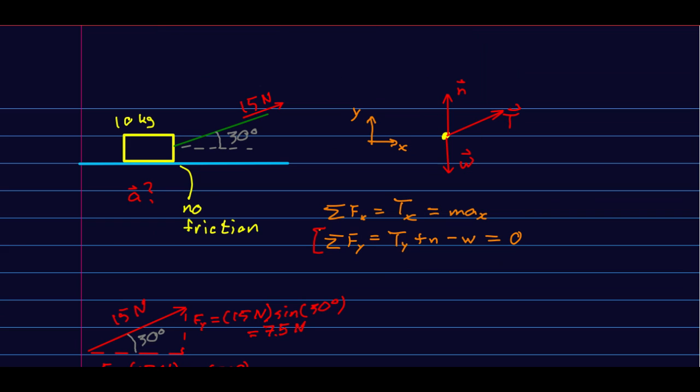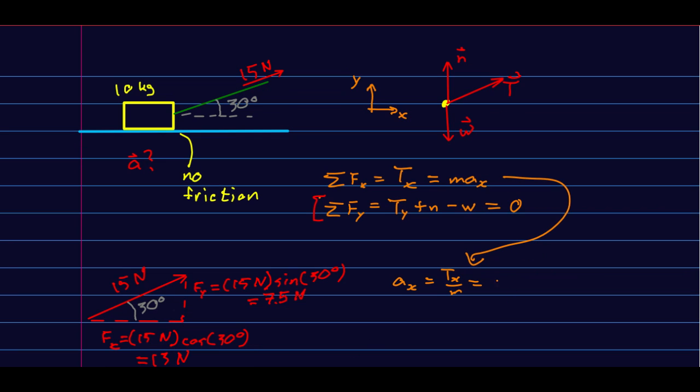So ax is just Tx over m, or in other words, apparently over here 13 newtons over 10 kilograms, or 1.3 meters per second squared. And so now I'm done. The acceleration points right, and it's 1.3 meters per second squared.